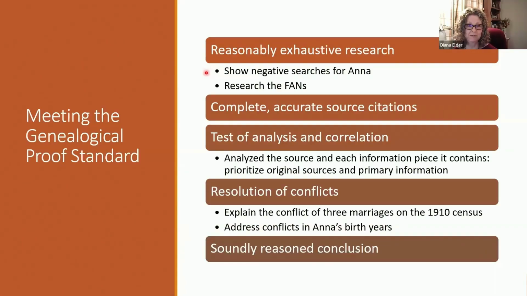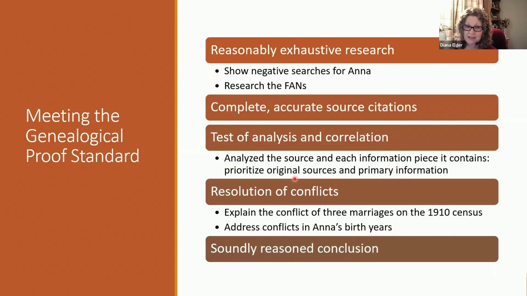And then perhaps we need to research all of the known children, to see if we can make any more connections. So we would have to just make sure that was complete. And then, of course, we'd need the complete accurate source citations. And then we'd want to analyze and correlate all the pieces. So we'd have to look at the sources and each information piece and really prioritize the original sources and primary information.